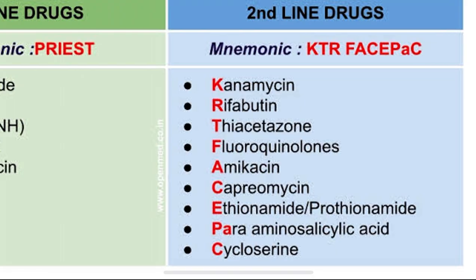So kanamycin, thiacetazone, rifabutin, fluoroquinolones, amikacin, capreomycin, ethionamide or prothionamide, and PA stands for para-aminosalicylic acid, and lastly C stands for cycloserine.